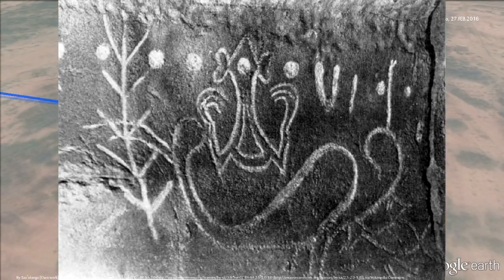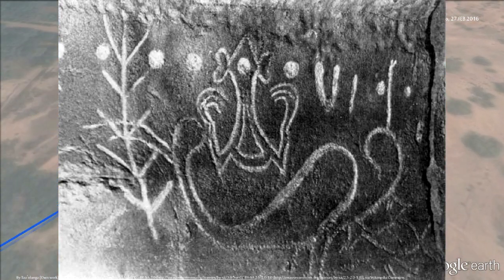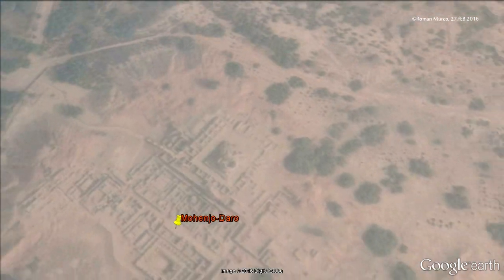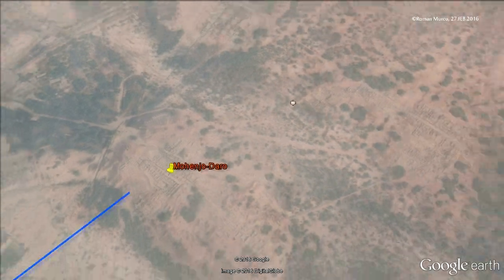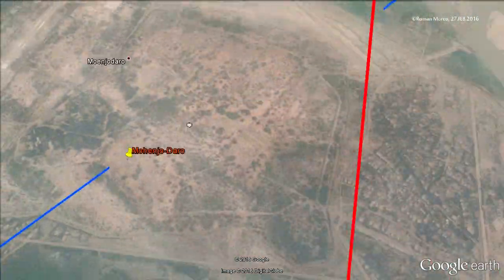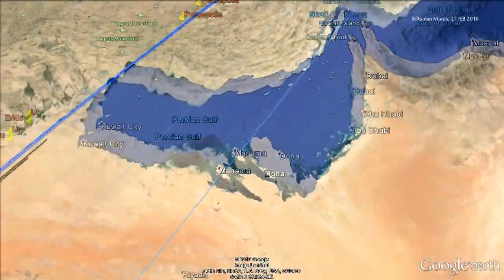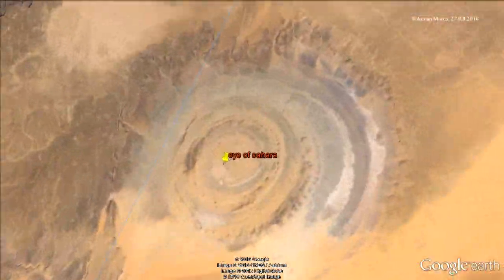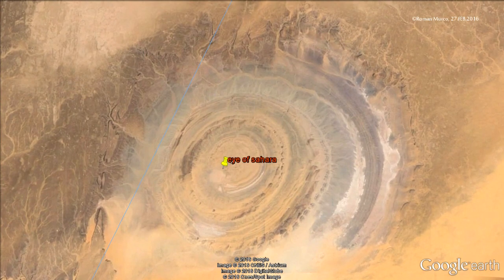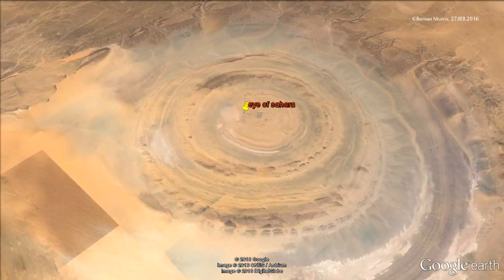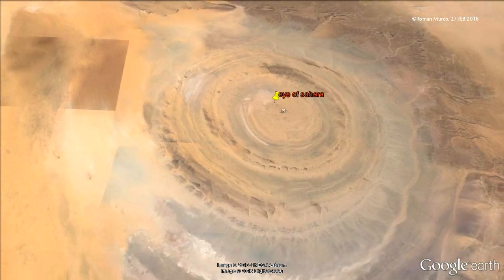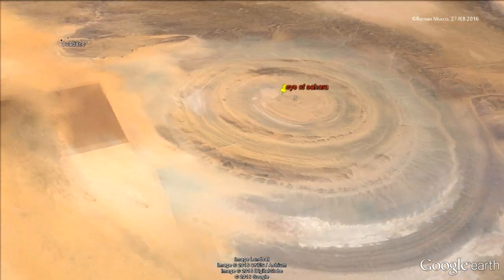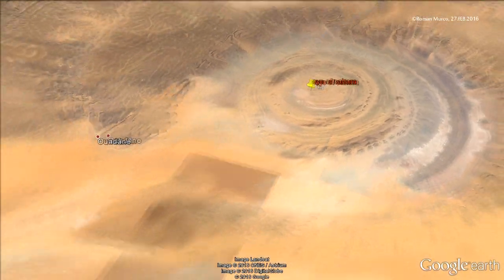But the same symbols are found here in Mohenjo-Daro, so how can they be the same? Only if these were stops on a traveling path, and this was some kind of signals that they got. I will explain it later.